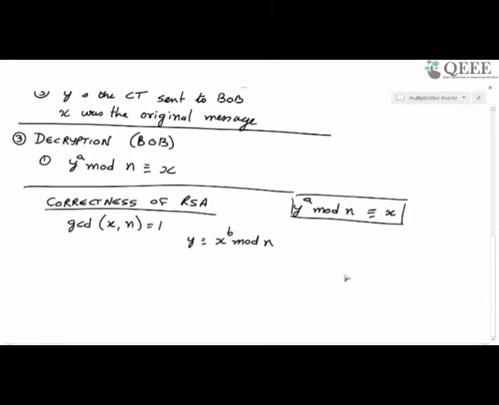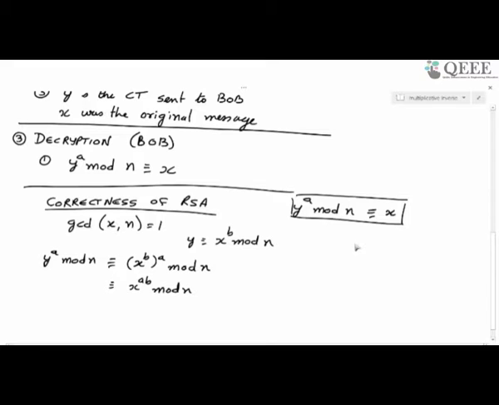So this is done on Alice's side. y is sent to Bob on the internet, and Bob will take y and raise it to the power of a modulo n. So this is congruent to x to the power of b to the power of a mod n. So this is congruent to x to the power of ab mod n.